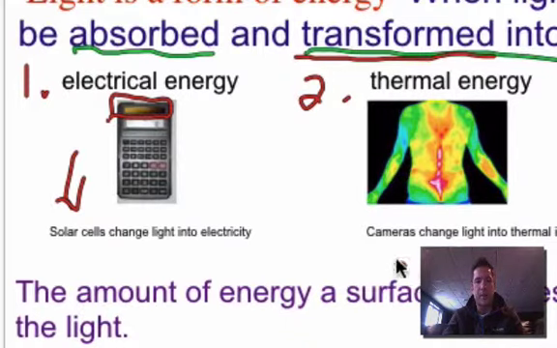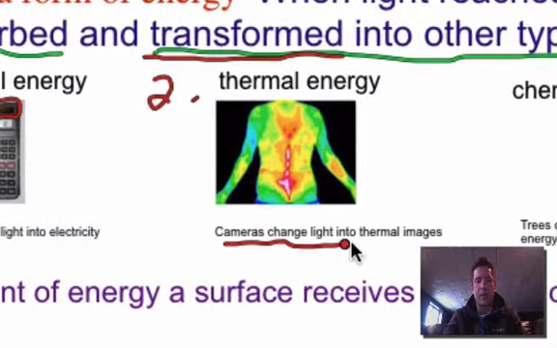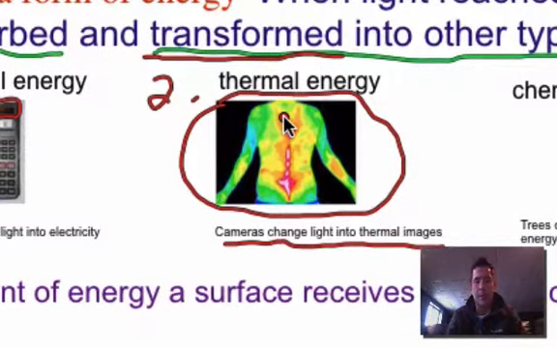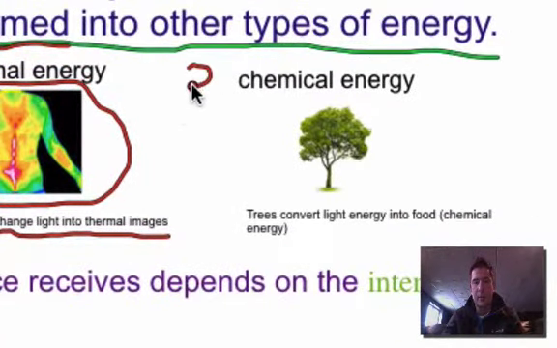So for example, take a camera, changing light into thermal images. We take this thermal energy, this heat energy, and we can produce images to show the thermal energy in our body. And then the third way we can do it is chemical energy.